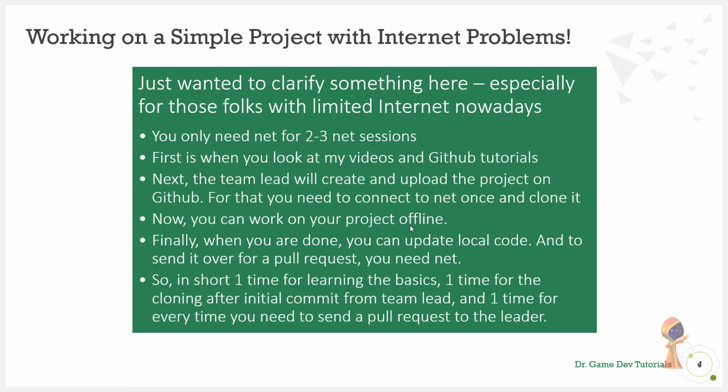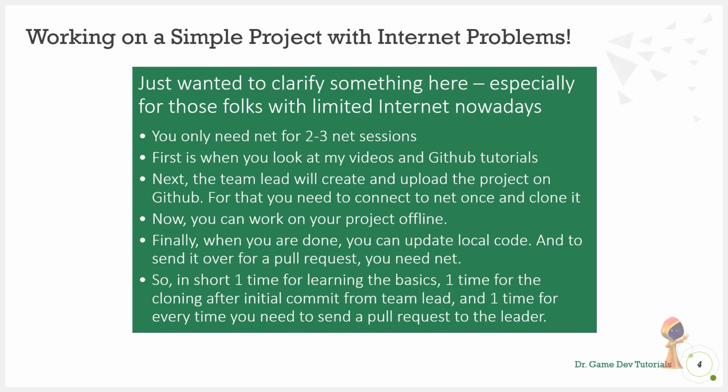Now I do want to discuss internet issues here. For a basic setup and a simple project, you only need 2 to 3 net sessions. First, you can use the first session to look at the videos and the GitHub tutorials. Obviously, for that you need internet. Then the team lead is going to create, upload, and initialize the project. Now you need to connect to the net once and clone it. Afterwards, you can just work on your project offline.